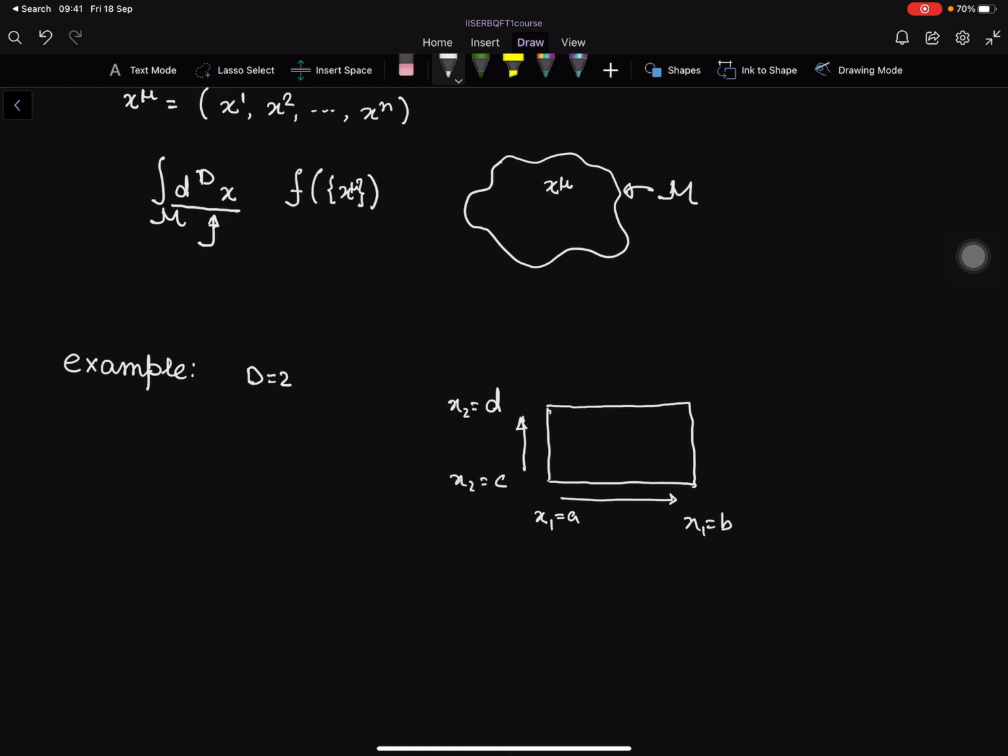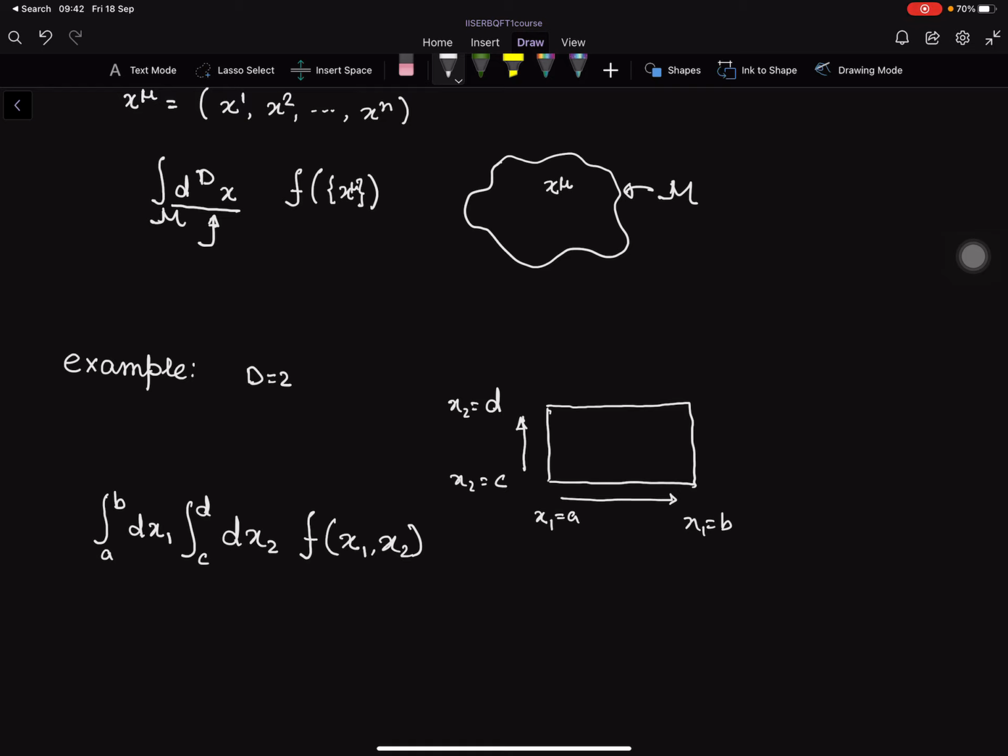Then this symbol essentially means that we are integrating x1 from A to B, and we are integrating x2 from C to D. And then we are given some function of 2 variables.